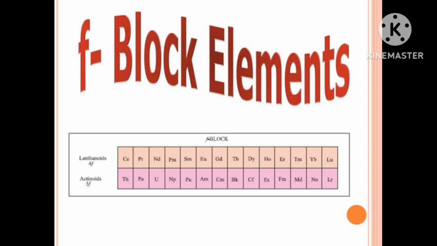Okay, 4f electrons actually shield less than d electrons. In d, there can be up to 10 electrons, and they shield properly. But in f, shielding is not proper, it is less. That's why the nucleus attracts the electrons and size decreases.